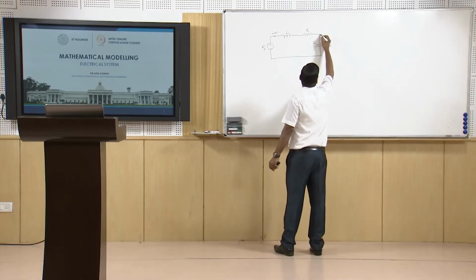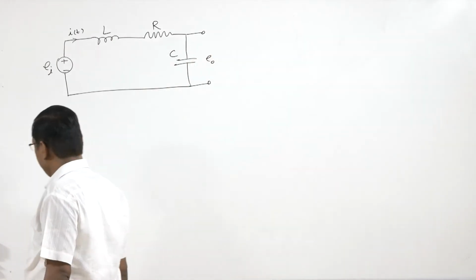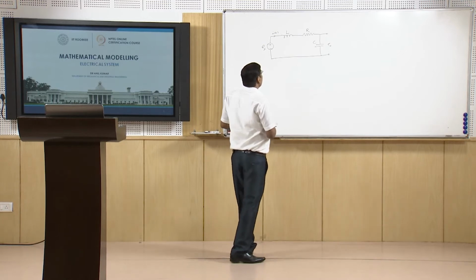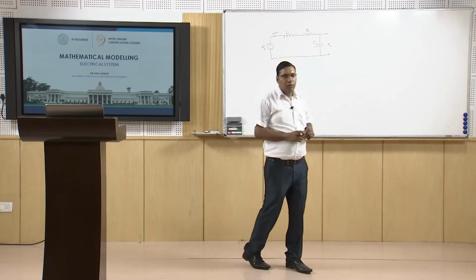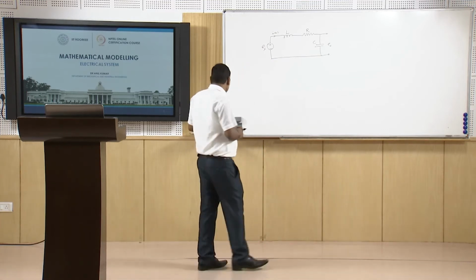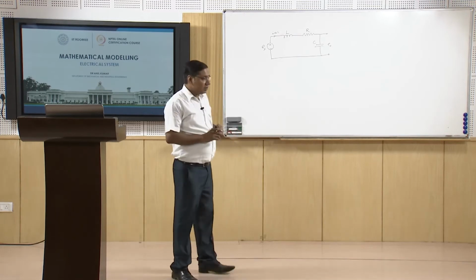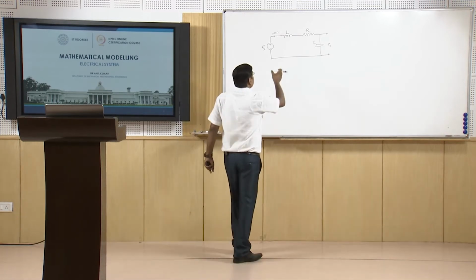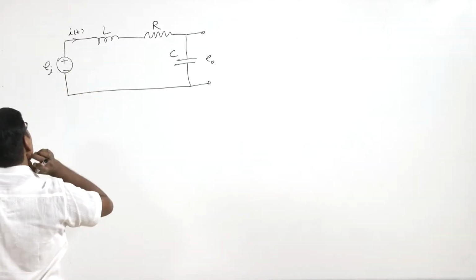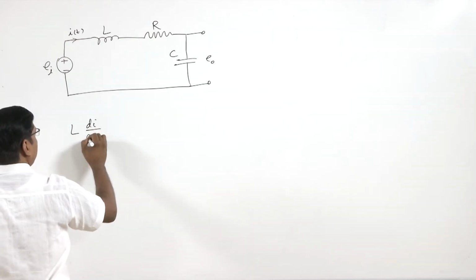We want to write the mathematical model for this system and find its transfer function. The voltage drop in the inductor is L di by dt.